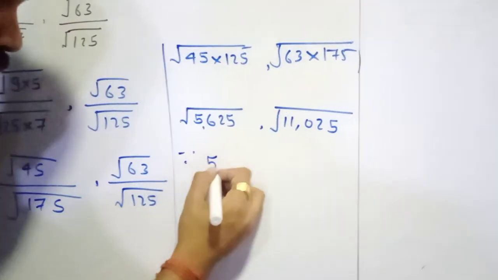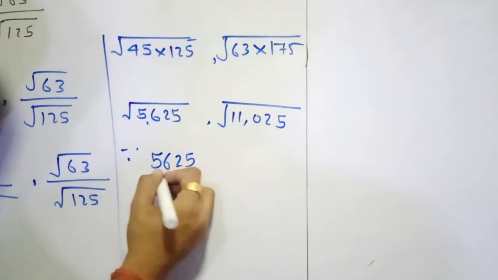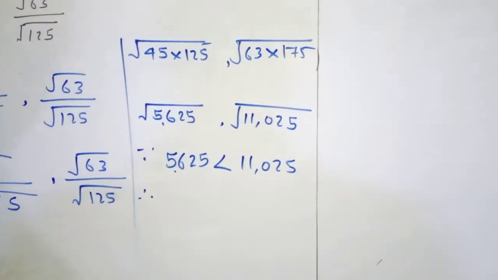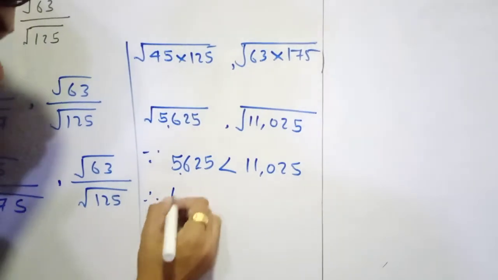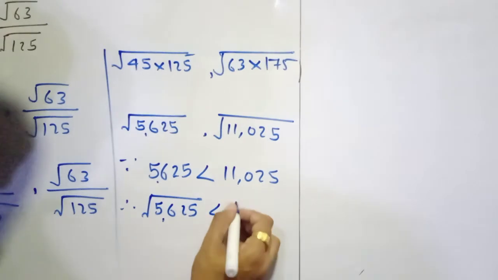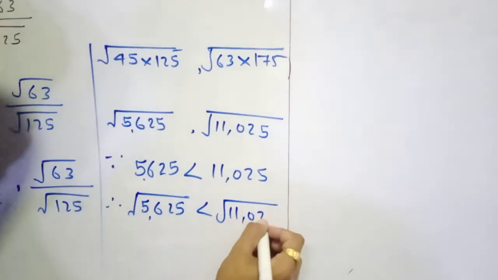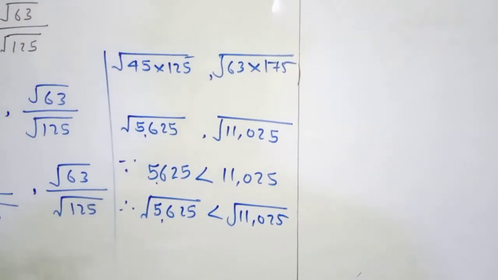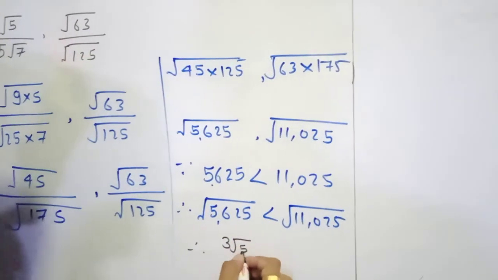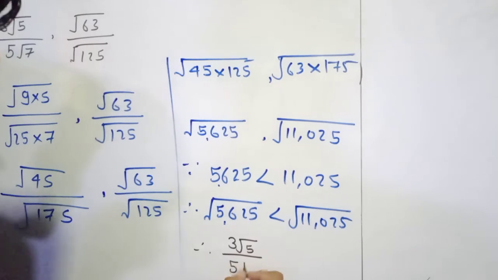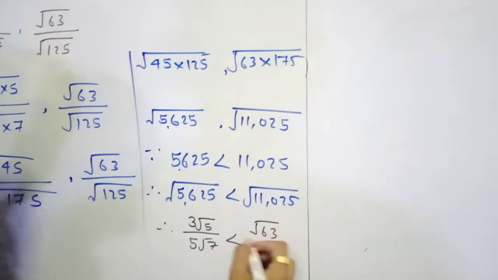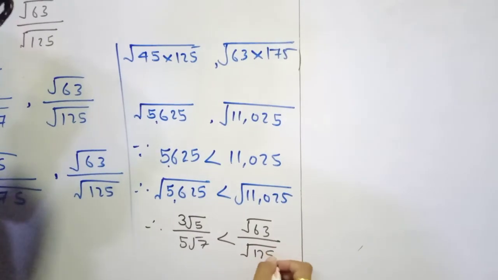Because 5625 is smaller than 11025, therefore we can say root 5625 is smaller than root 11025. So therefore, we can write that our actual ratio, 3 root 5 upon 5 root 7, is smaller than root 63 upon root 125.